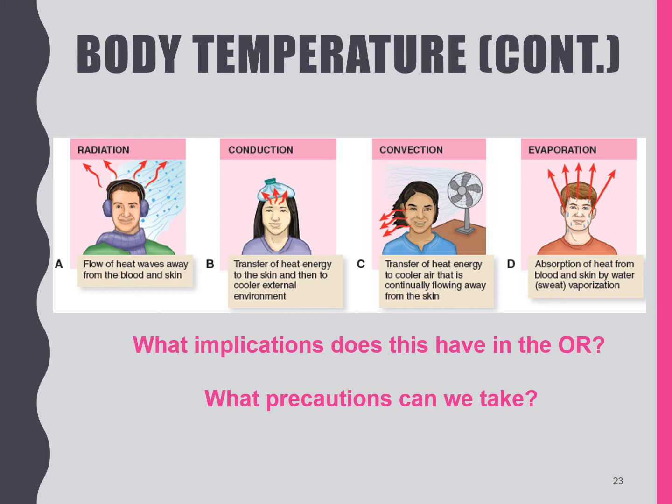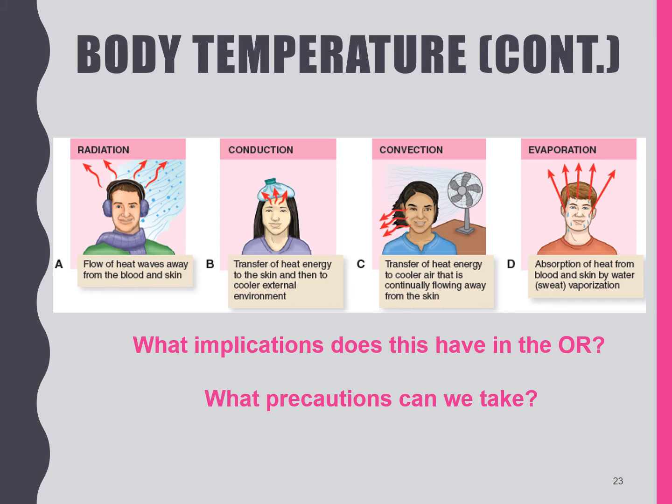So the more area of the patient's body that's exposed, the more at risk they are for losing heat and eventually developing hypothermia. So these four pathways of heat loss also occur in the operating room as well.